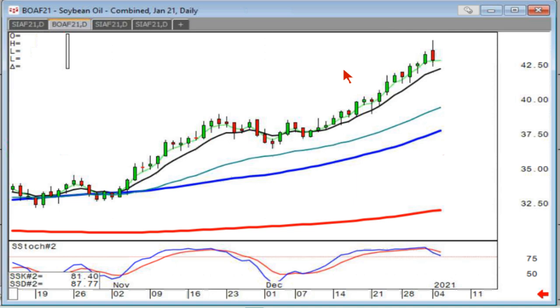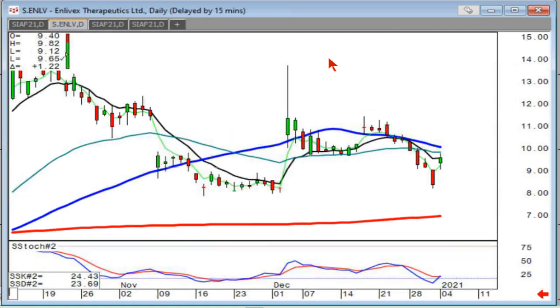Soybean oil got a little bit toppy today, kind of your dark cloud. So if this opened lower and I was long, I'd close out the position, take profits. Oh, it could be a trend.